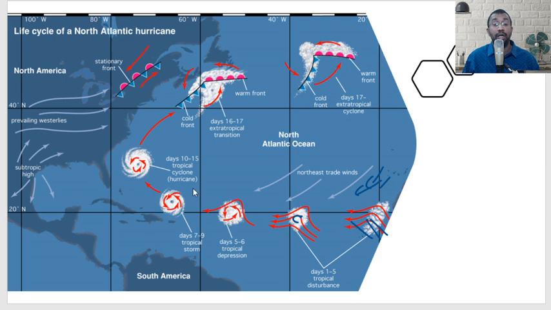And that depression, with a proper, predefined eye from the surface of the ocean to the higher altitudes or the upper layers of your troposphere, if there is a proper structure of the eye which has been built, with a greater speed of winds trying to converge across the surface of the ocean into the low pressure system, at speeds above 40 kilometers, now you consider that to be a tropical cyclone.